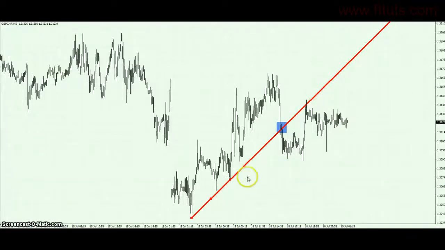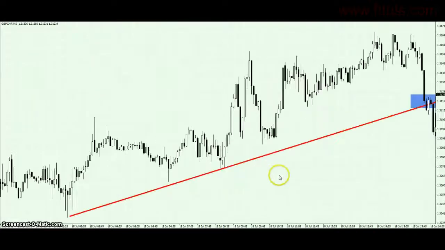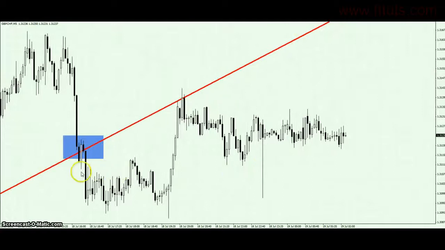I mentioned in last night's video how sometimes when price reaches that trend line, it can consolidate over and under that trend line. That's exactly what we see happening here.